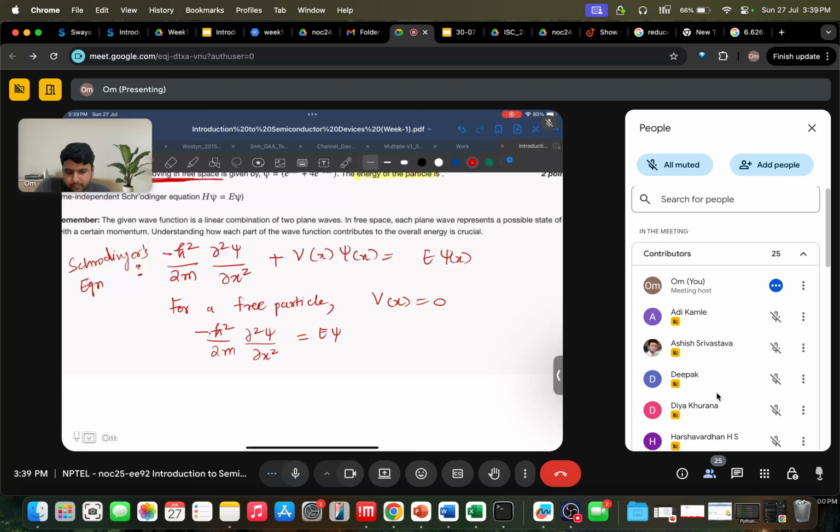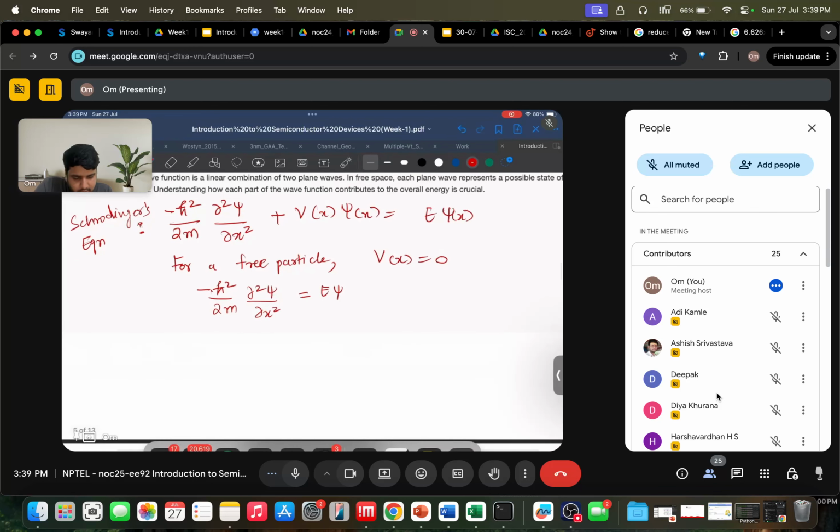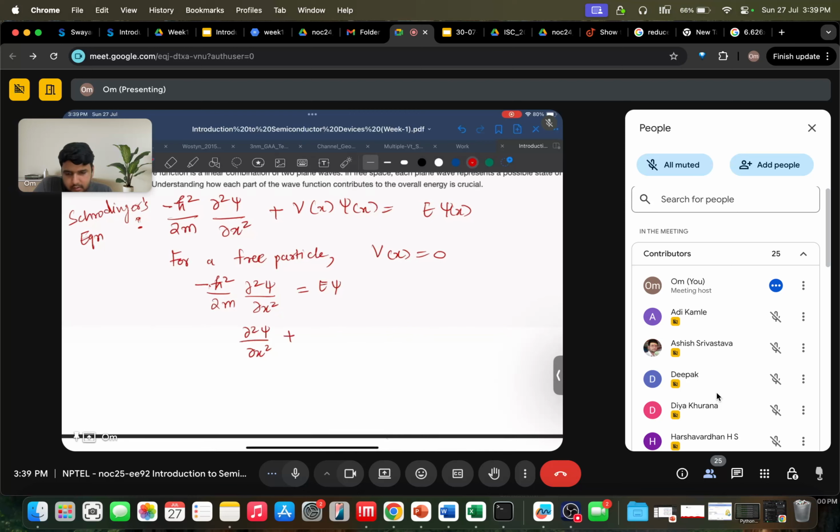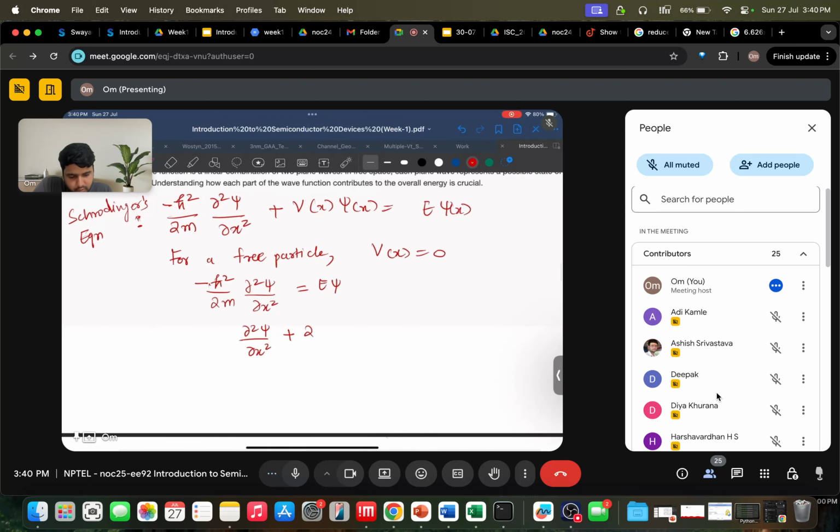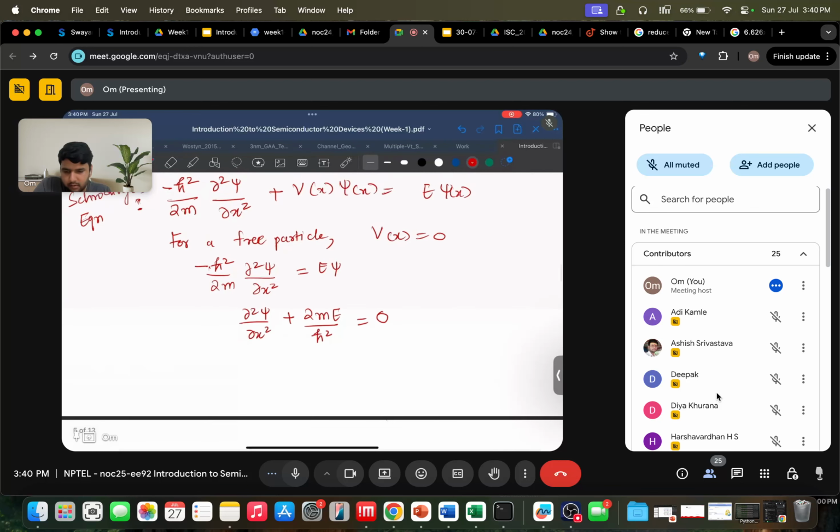If I rearrange this, del 2 psi by del x square plus 2mE upon h cross square psi equals 0.